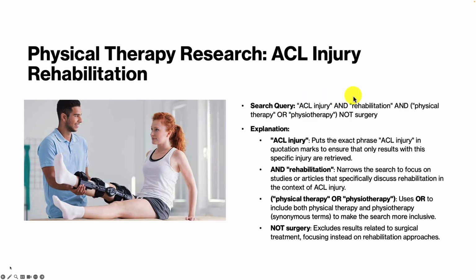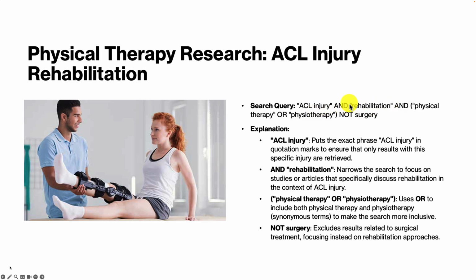I could say, give me ACL injury, and since it's in quotation marks, I'm asking it to find that term. And please find me rehabilitation in quotation marks. So I'm saying find these two terms together.